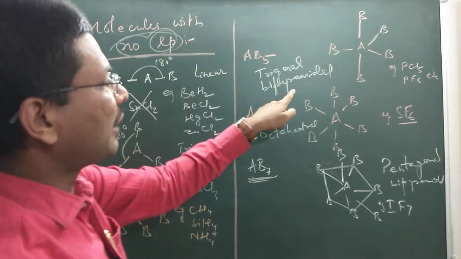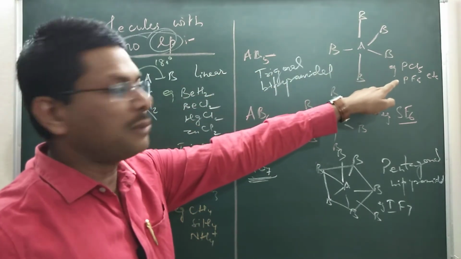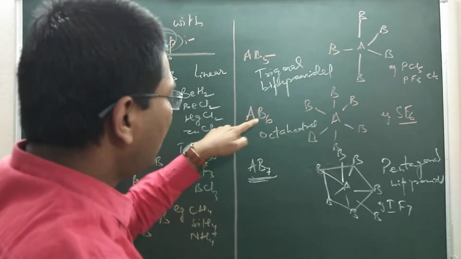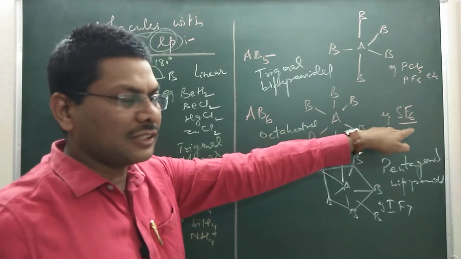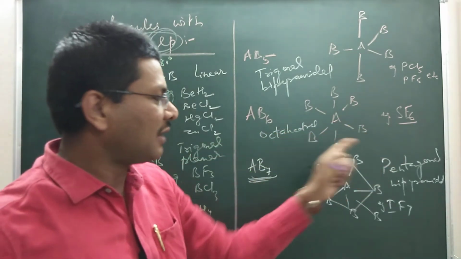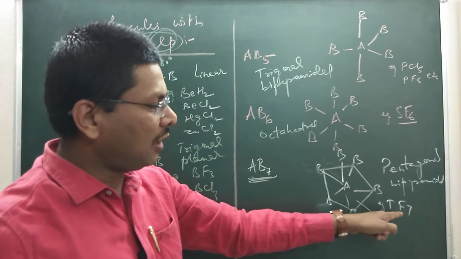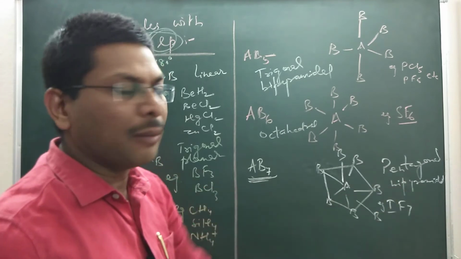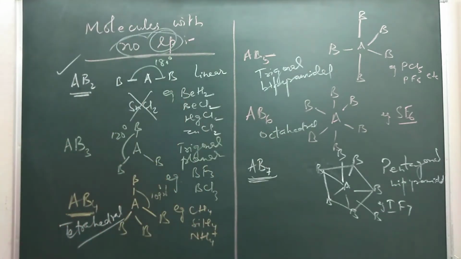AB5 is trigonal bipyramidal. PCl5 is the most important example along with PF5. AB6 is octahedral and example is SF6. AB7 rare type, IF7 iodine heptafluoride, pentagonal bipyramidal. So these are the shapes of the molecule based on VSEPR model without lone pair.